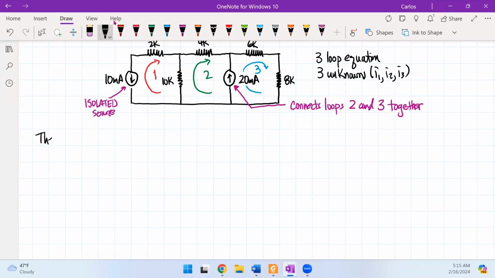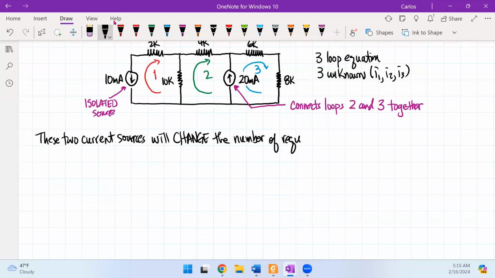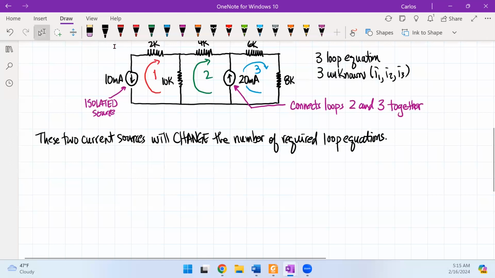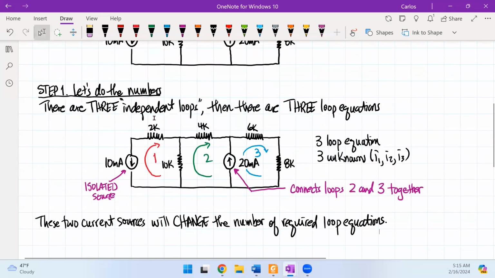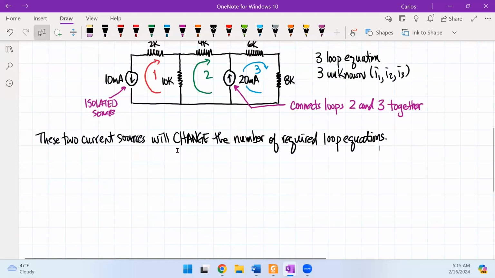They will change the number of required loop equations. And that's the reason why I put the quotes up here. You're going to see that they're not completely independent anymore. So let's go do that.